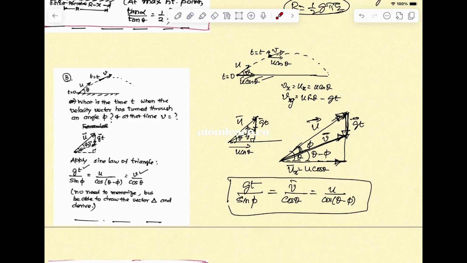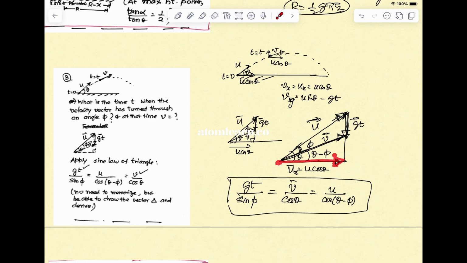Then the second part: what is the new velocity value? This can be written like this: v is equal to u cos theta divided by cos of theta minus phi. This can be easily seen here also, because the initial horizontal component remains the same throughout.